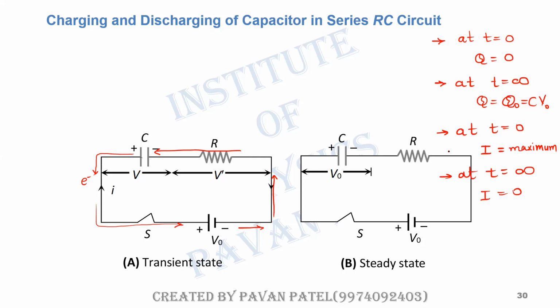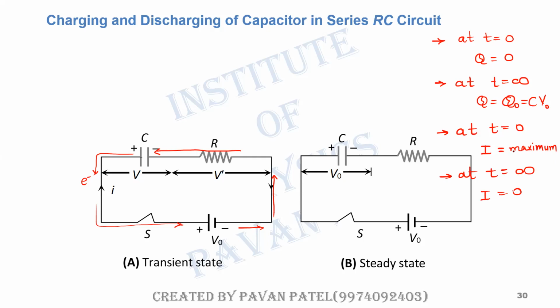Please remember all these points. These are very important theoretical concepts. At t equals 0, charge is 0. At t equals infinite, charge is maximum, and that is CV0. V0 is the voltage of the battery, C is the capacitance of the capacitor, and Q0 is the maximum charge.